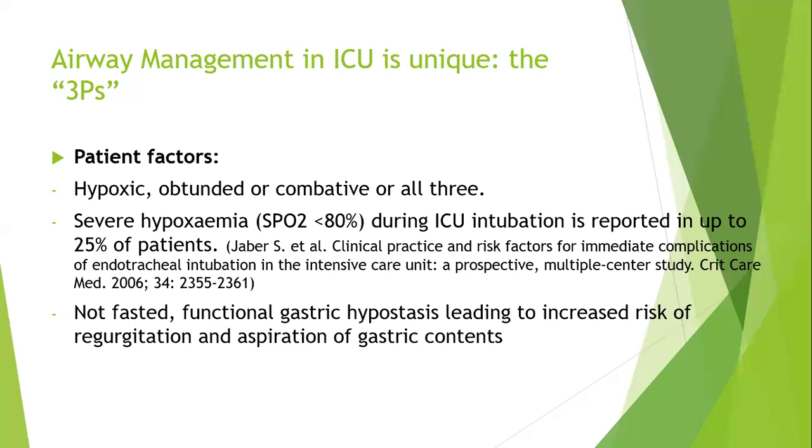Studies have shown that in about 25% of patients in the ICU, there are instances of severe hypoxemia with SpO2 of less than 80%, that is PO2 of about 70 millimeters of mercury. So even before intubation and during intubation, severe hypoxemia resulting from the patient factor could be there.